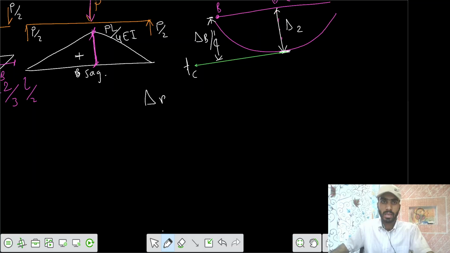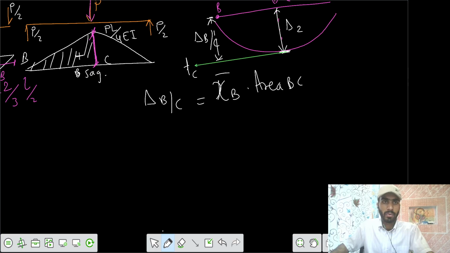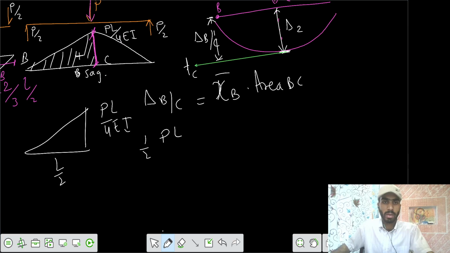So delta B with respect to C equals the area between B and C into its centroidal distance about point B. What is the area between B and C? This is point B, this is point C. So the area equals 1 by 2 into PL by 4 EI into length L by 2.